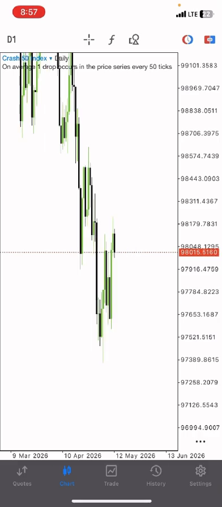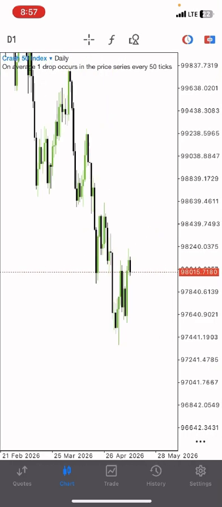Now, the first thing when I want to find my setup, sometimes I don't want to go to the weekly. I only go to the weekly mostly when I am a bit confused on the daily time frame, and also when the week just opens. Like, okay, this is the first day of the week, I want to check how the previous week closed.